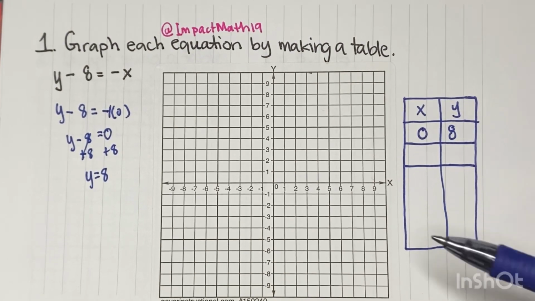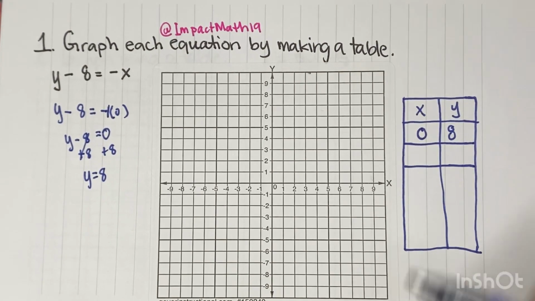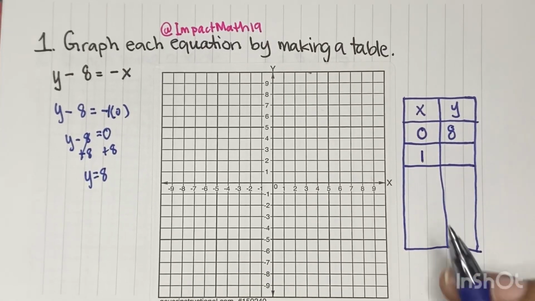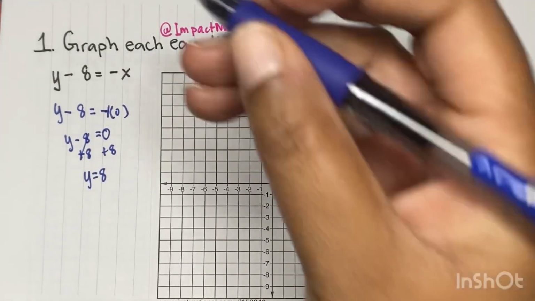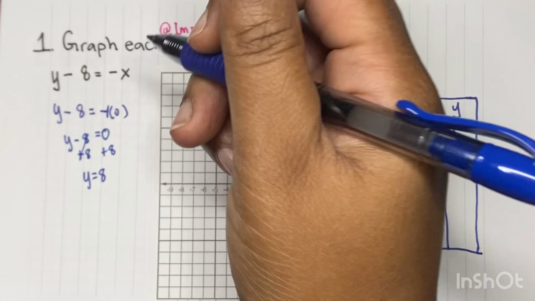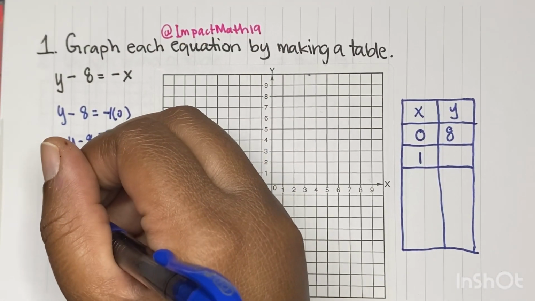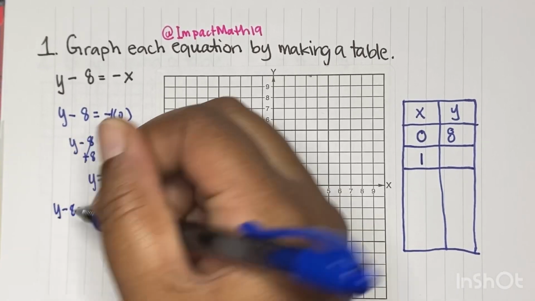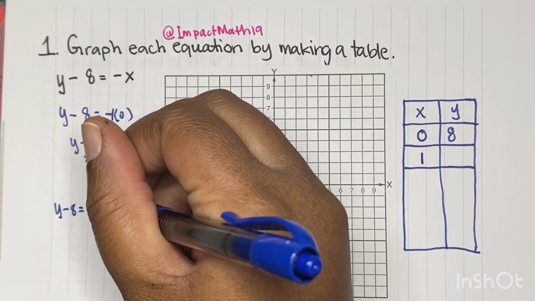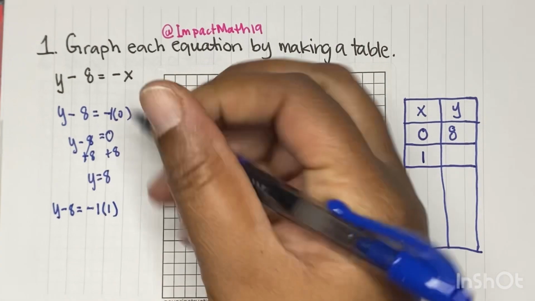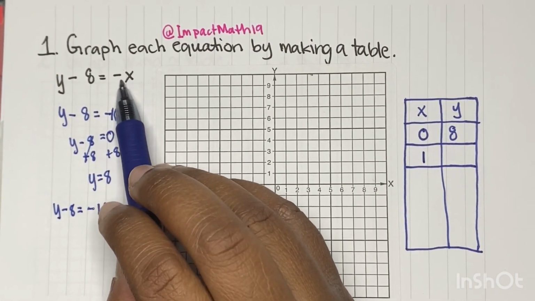Now we could choose a different number. Let's say if we choose 1, and we put 1 as x. Let's do it under here. y minus 8 equals a negative 1 times 1. Remember, this negative here is a negative 1 really.